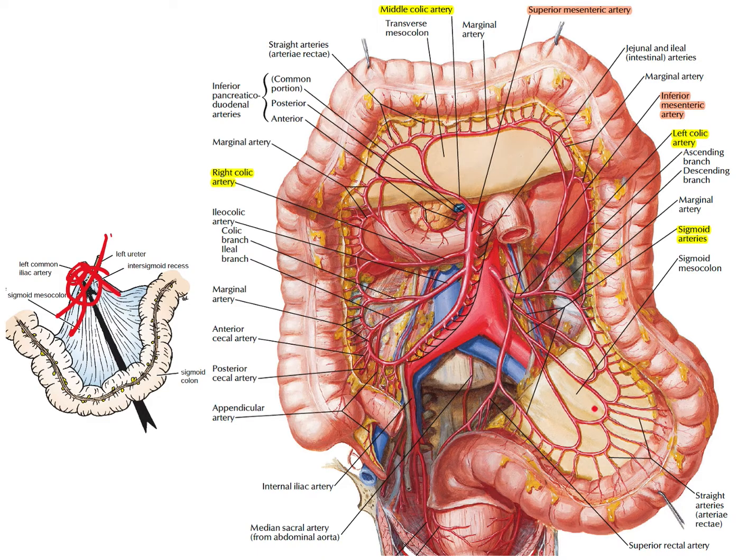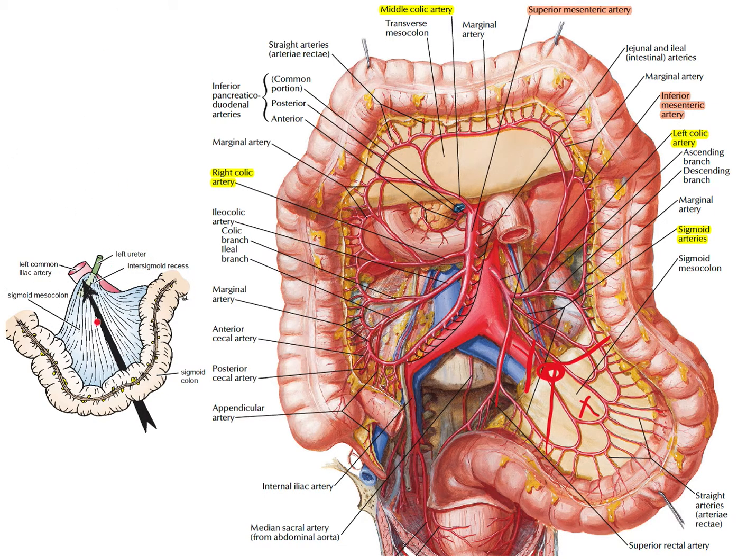Here again, this is the sigmoid mesocolon, with the shape like this, right, in which the apex is near the bifurcation of the common iliac and crossed by the ureter. And look at the superior rectal artery that passes here. Let me erase it.